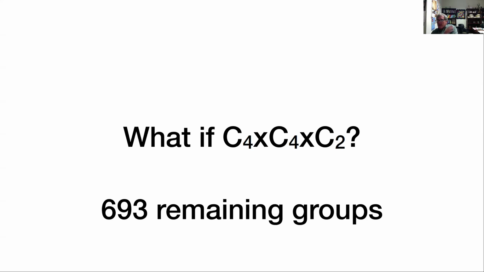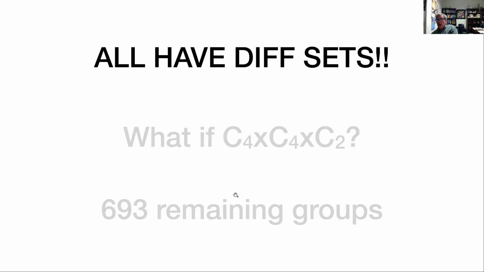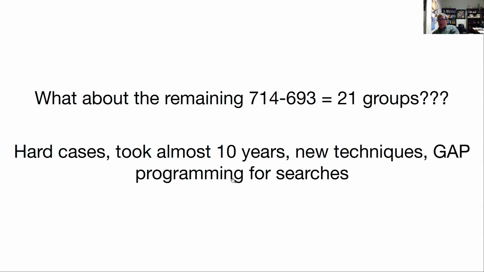And so she went away, and I just thought, oh man, if we get a couple of hits on this, that'd be terrific. Well, it turned out every single one of those 693 does have a different set. So now, with that result, the hunt was on, because now we're down to 21 groups.